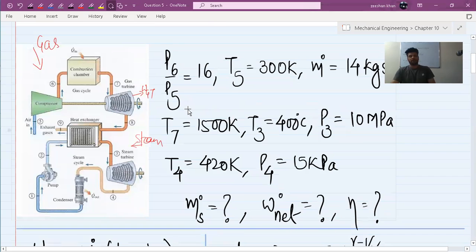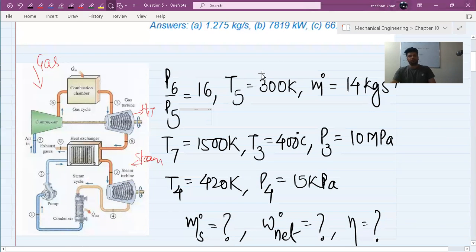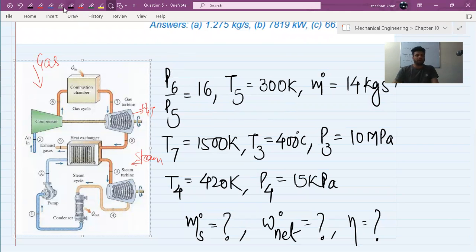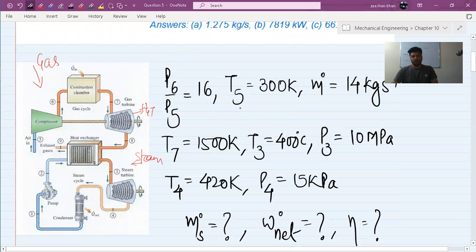So these are the conditions given to us. The pressure ratio was given to be 16, and that is why we have P6 by P5 equals 16. The temperature at which the air enters the compressor is 300 Kelvin.